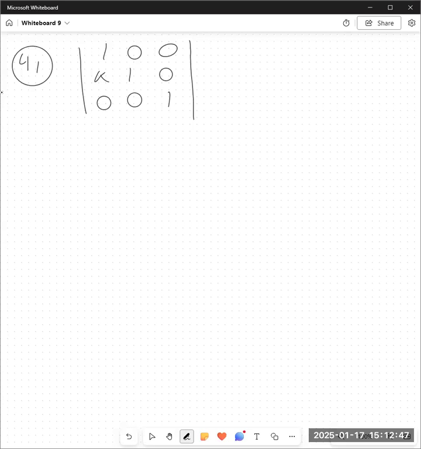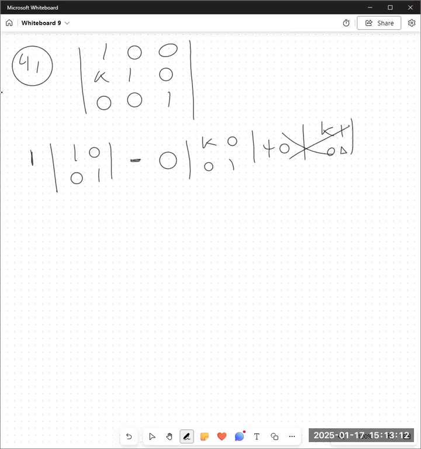So 1 times 1, 0, 0, 1 minus 0 times K, 0, 0, 1 plus 0 times K, 1, 0, 0. So this is 0 and this is 0, because of those 0 constant multipliers there.